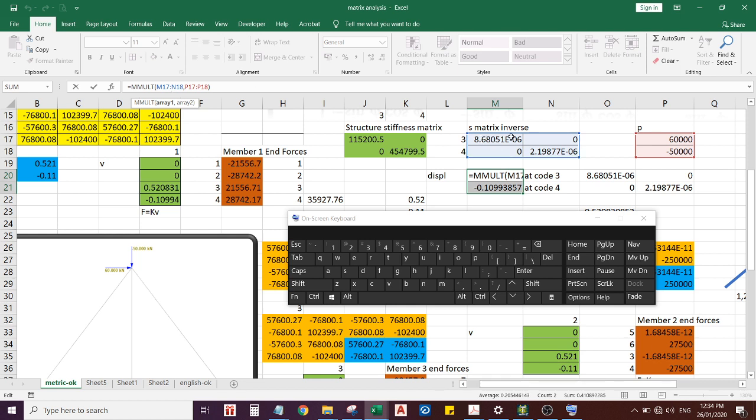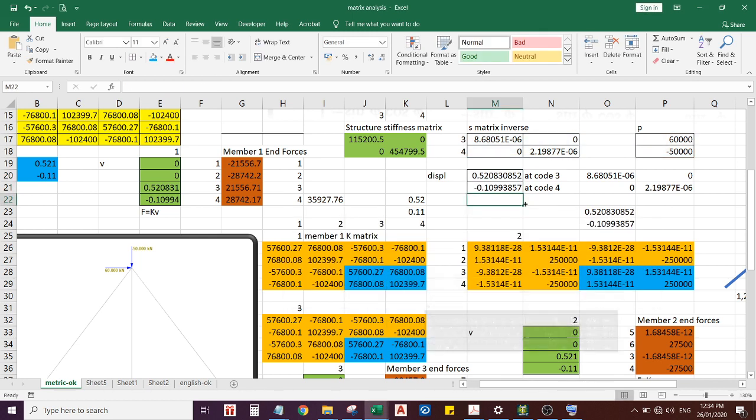This corresponds to S inverse, and this one corresponds to the P matrix. Then same case, Control Shift Enter, and there you go. That's our displacement at code 3 and displacement at code 4. So 0.52 mm horizontal and negative 0.11 mm vertical.